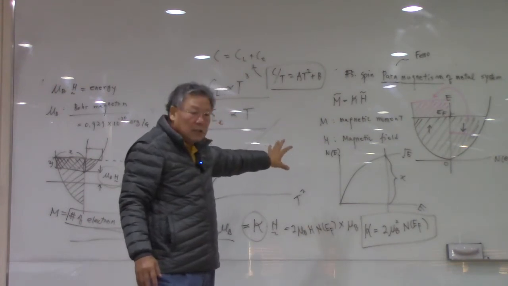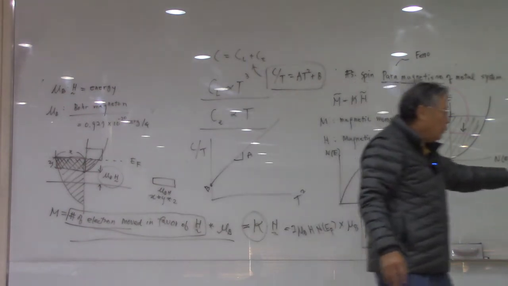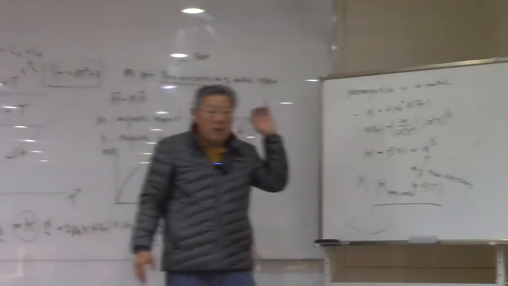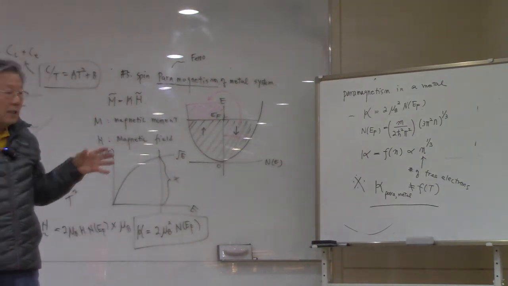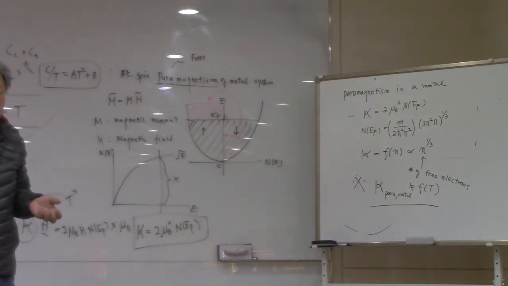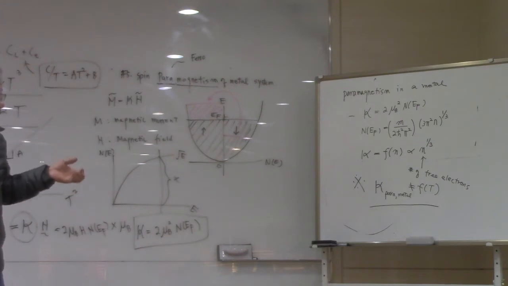paramagnetism in a metal system, which is independent of the temperature, if you don't know this, everybody should be afraid of losing magnetic moment by increasing the temperature.